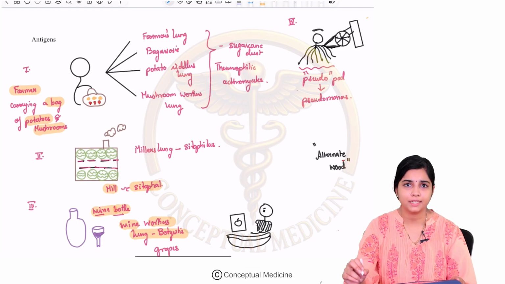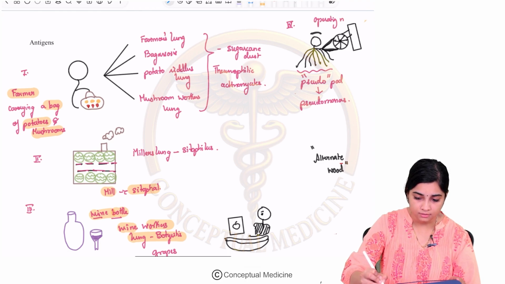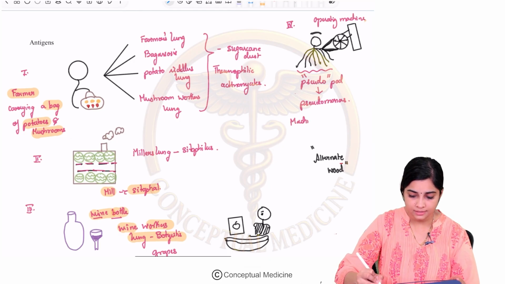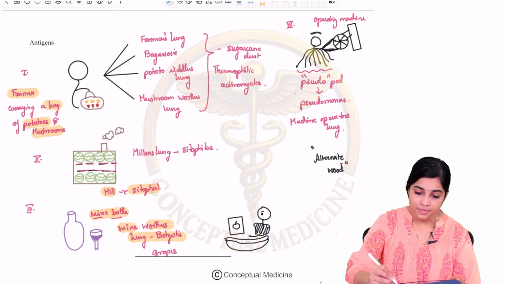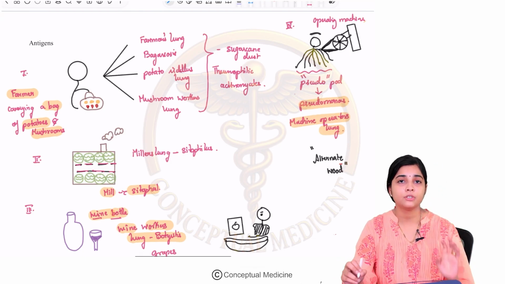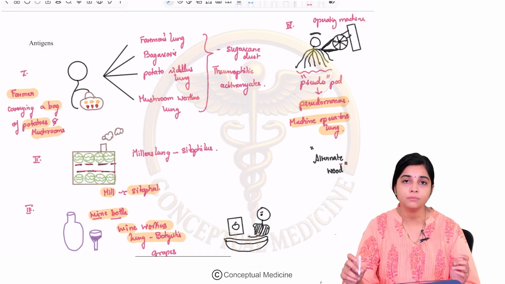It is basically operating some machine. So you remember machine operator's lung. Machine operator's lung is Pseudomonas. So you remember a pseudopod, Pseudomonas operating a machine. Machine operator's lung is Pseudomonas.